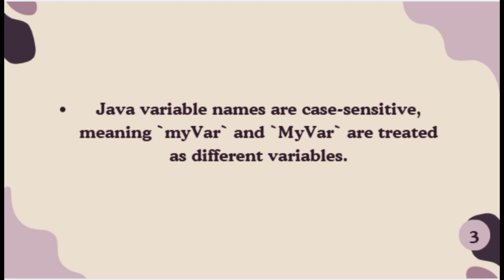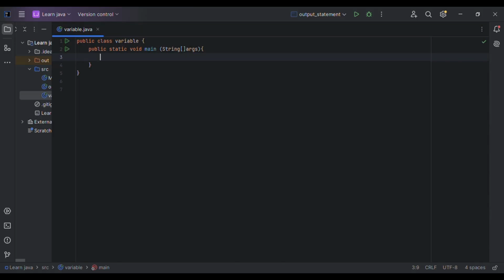The third rule tells us about case sensitivity. It means that Java's variable names are case sensitive, meaning my variable with M small and my variable with M capital are treated as different variables. For example, I stored two values, Ali and Ahmad, in two different variables that have similar spelling but different structure.